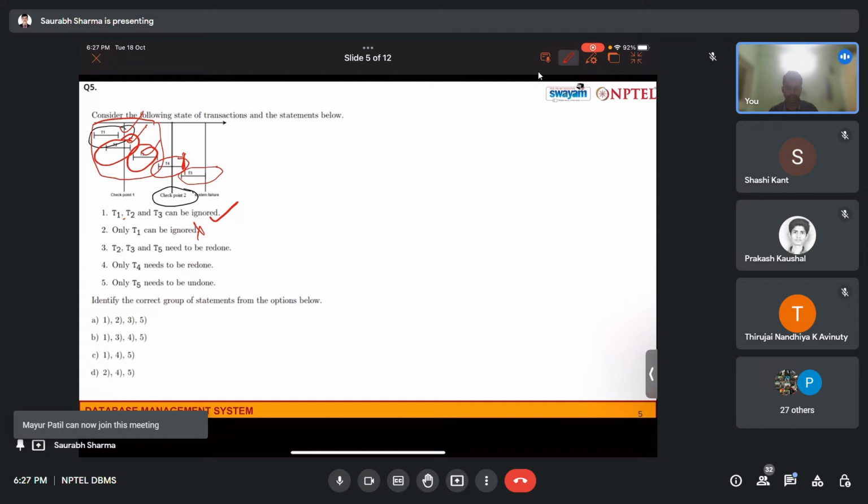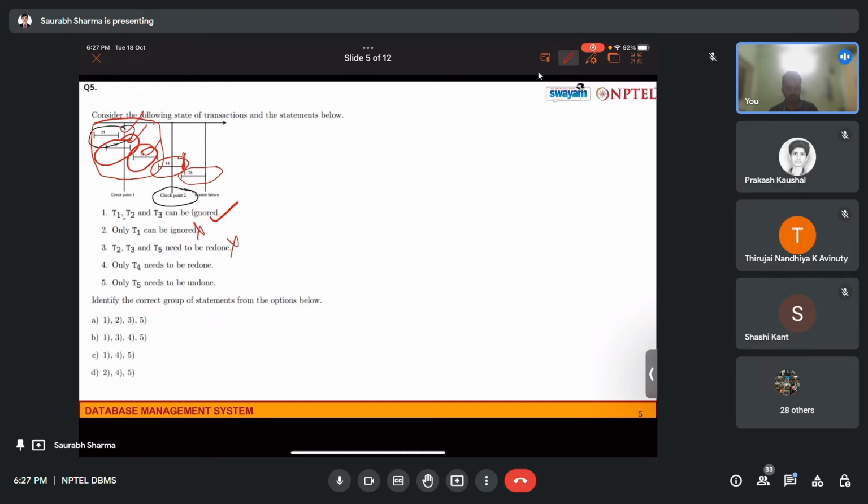T5 was in progress, so it should be undone. Only T4 needs to be redone, since T4 was in progress and was completed just before failure. Only T5 needs to be undone. Yes. So the answer will be 1, 4, 5.